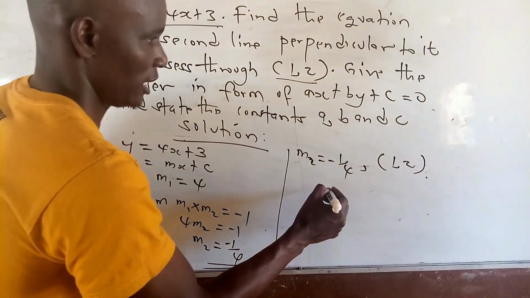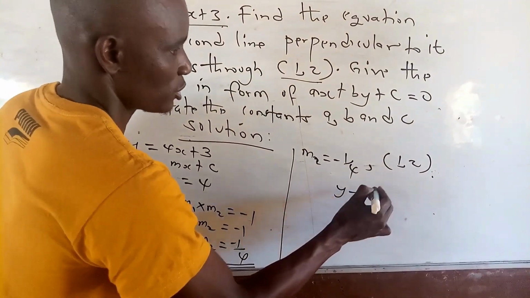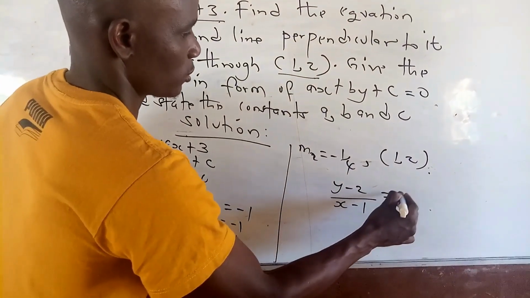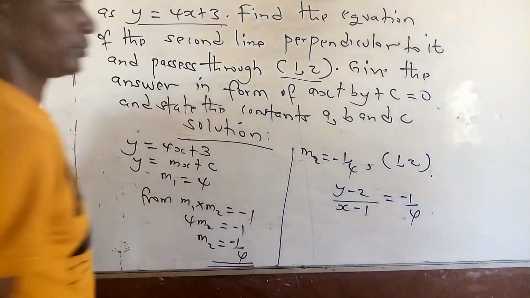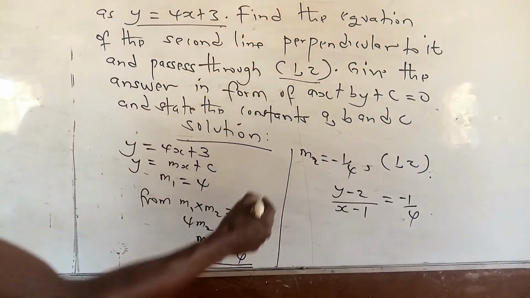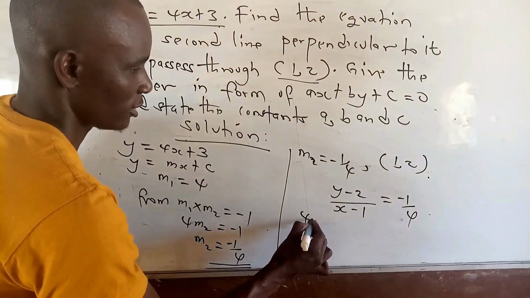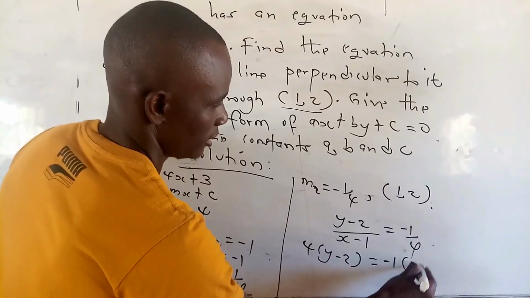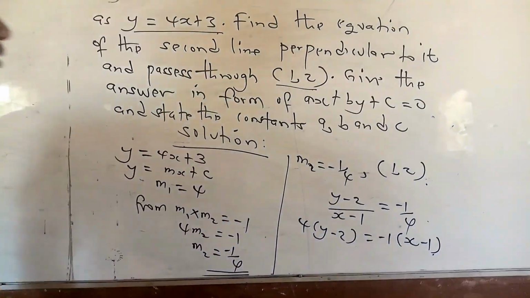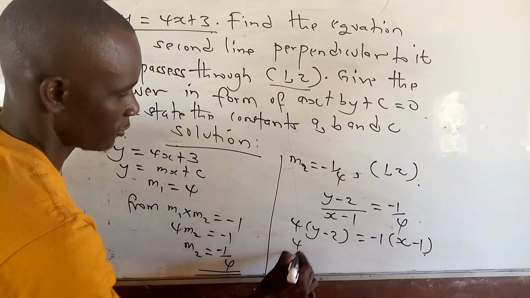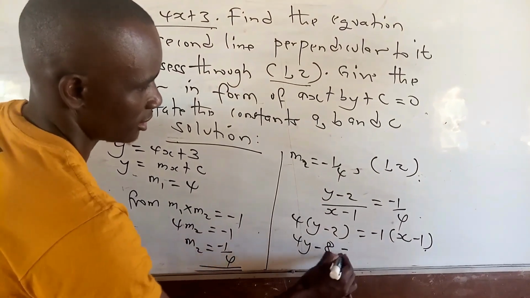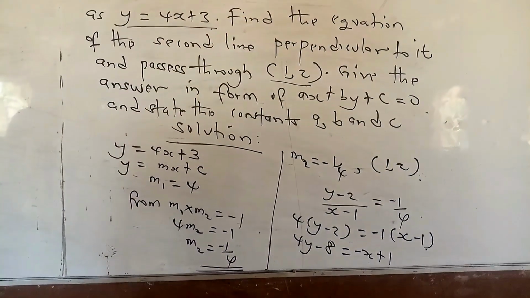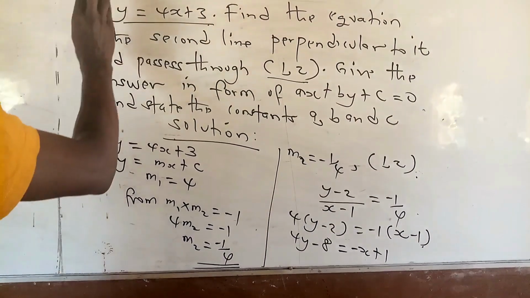So the equation here will be (y minus 2) over (x minus 1) is equal to -1 over 4. So if you cross multiply this, we'll have 4 into (y minus 2) is equal to -1 into (x minus 1). Of course, this will give us 4y minus 8 is equal to -x plus 1.